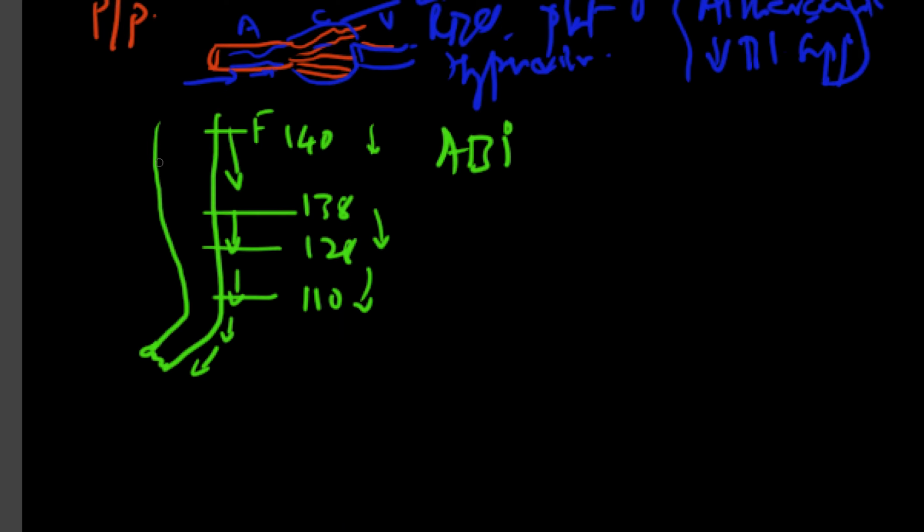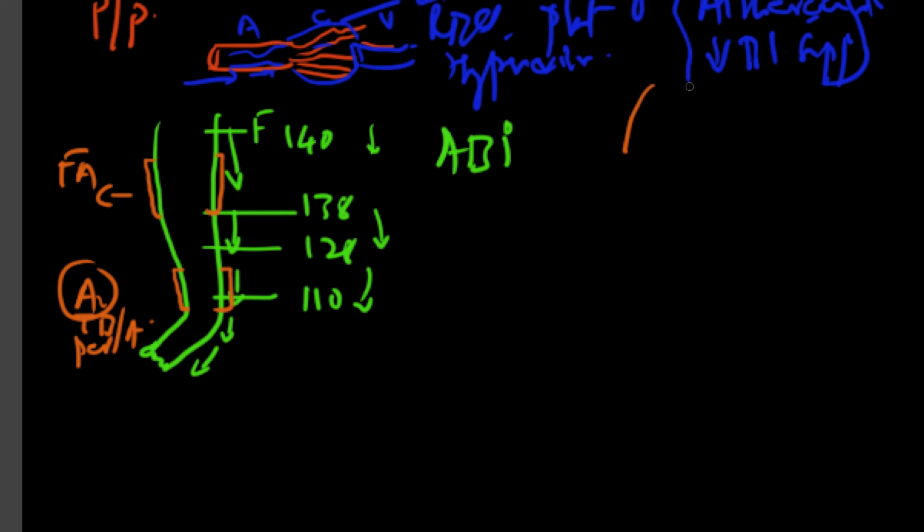If you apply a cuff here right in the thigh region, for instance, and check the pressure, that'll be the pressure of your femoral artery. And if you apply the cuff here at the ankle, you will get the pressure of the ankle, obviously, and that'll be the pressure of your tibial arteries, if you will. So tibial artery or the peroneal artery pressures can be obtained. So normally it's a good idea to get an ankle pressure, which in this case is 110, and then get a pressure in your arm.